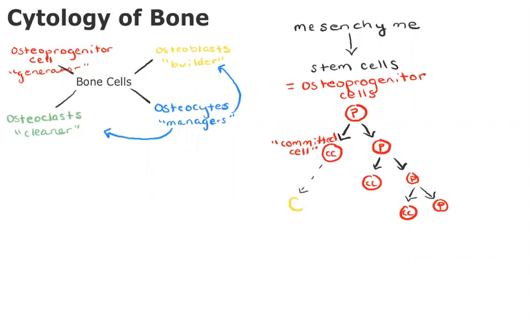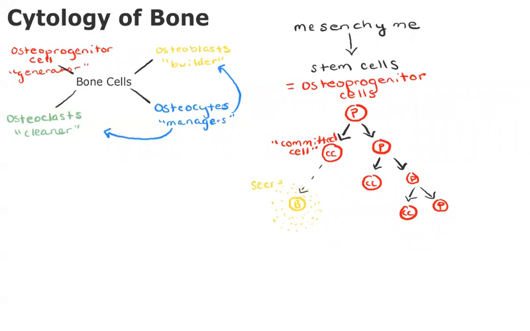I promise. So they will someday become an osteoblast. And osteoblasts are our builder cells. They are sitting there and they are just secreting out all kinds of bone matrix and osteoid and building brand new bones in our body.